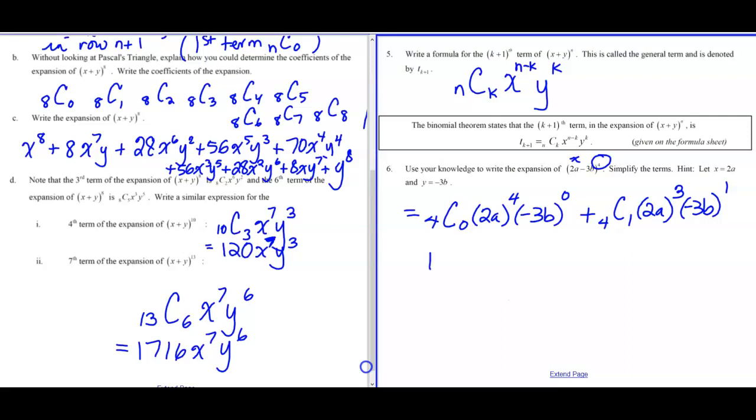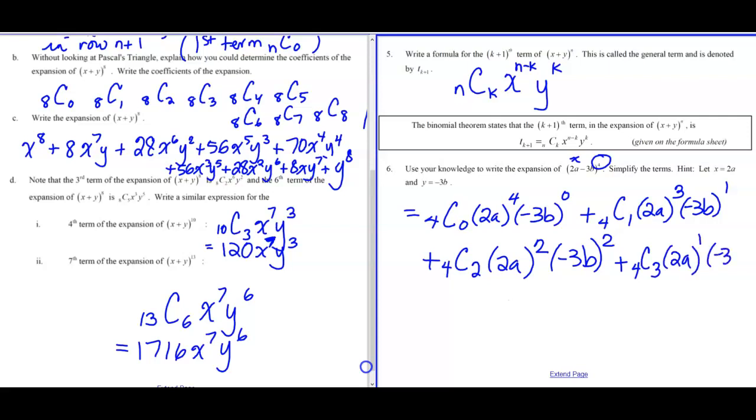I'm writing big, so I'll go to the next line. Then 4C2, (2a) squared, (negative 3b) squared, plus 4C3, (2a) to the 1, (negative 3b) cubed.